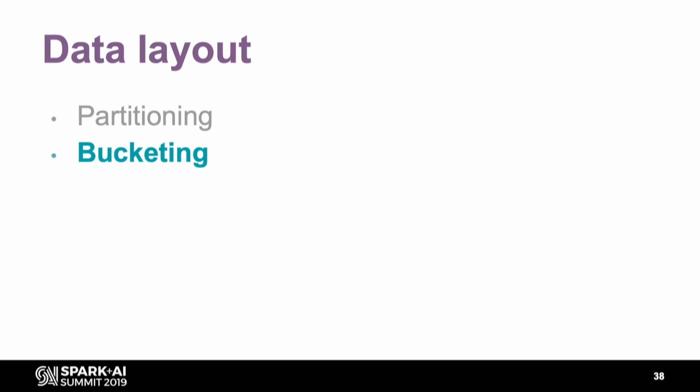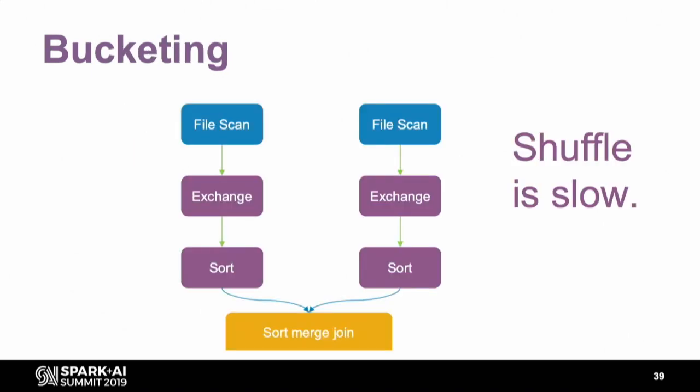The next part is about bucketing. If two tables are joined and the join keys are of different distribution, then Spark will always perform shuffling and sorting on the join key before the execution of sort merge join. And shuffle can be very slow, especially on AWS S3.